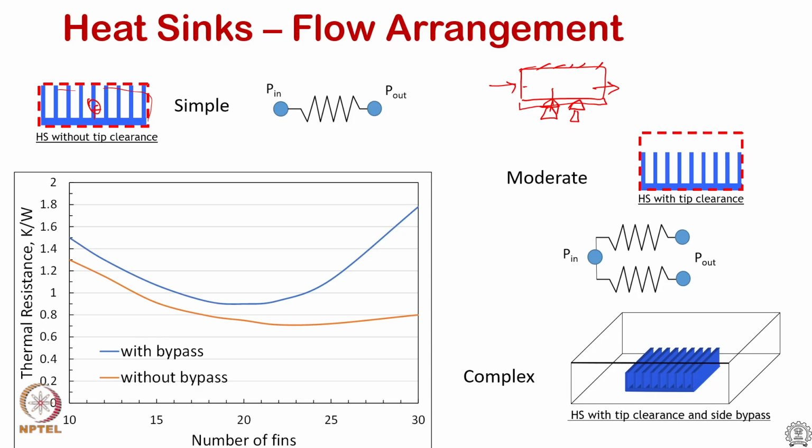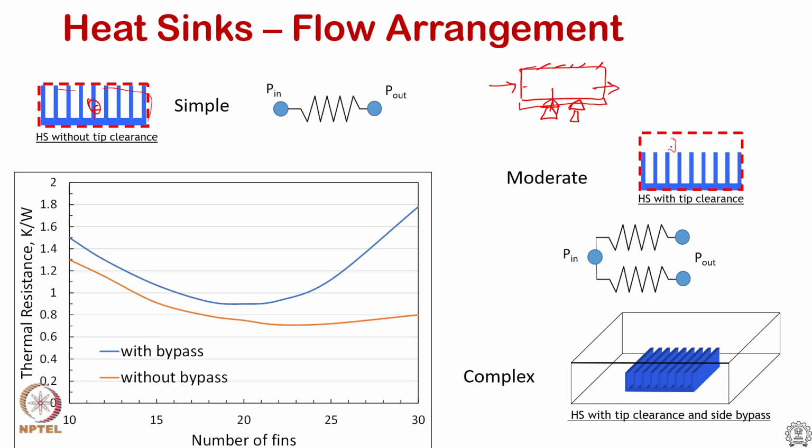This is a calculation that I have done to compare the complexity involved in understanding the heat sink. This is called a fully ducted configuration with no tip clearance, and the second configuration has a small gap.